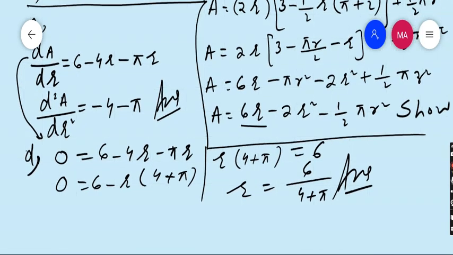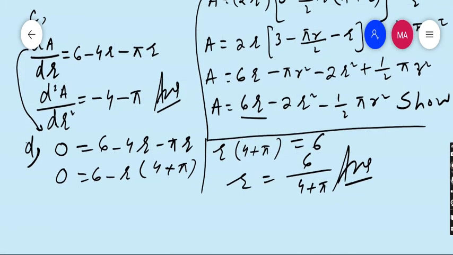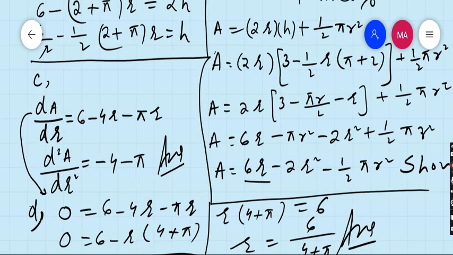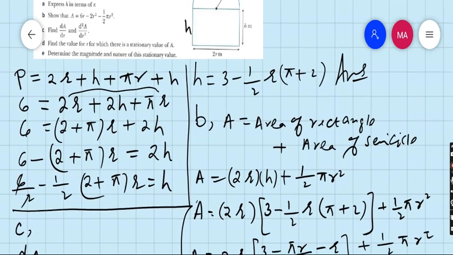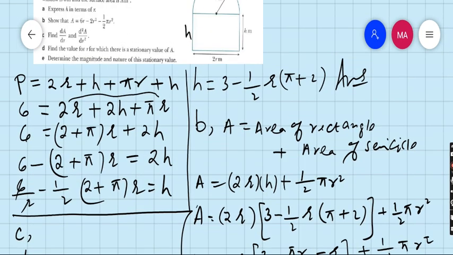Students, it is very easy. Just take the value of a which we have shown in part B. Look at this: 6r minus 2r square minus 1 upon 2 pi r square.